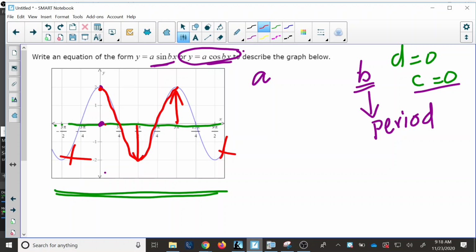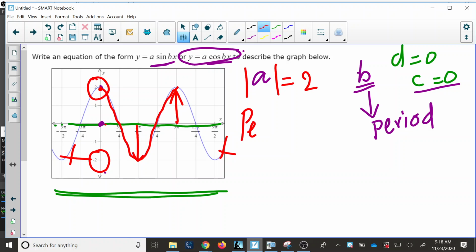Now the amplitude is 2. Remember, it's the magnitude of A, so it's 2. It's not reflected in the x-axis, so it's a positive 2. What about my period?